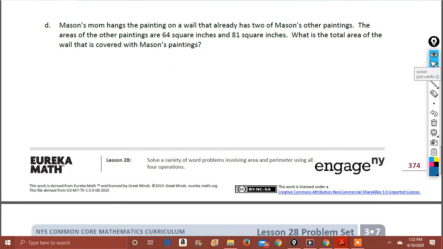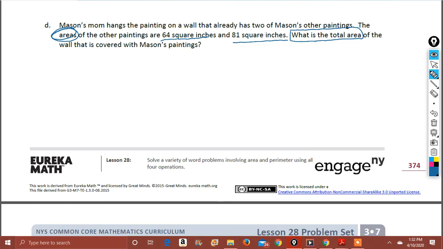All right, Mason's mom hangs the painting on a wall that already has 2 of Mason's other paintings. The areas of the other paintings are 64 square inches and 81 square inches. What is the total area of the wall that is covered with Mason's paintings?